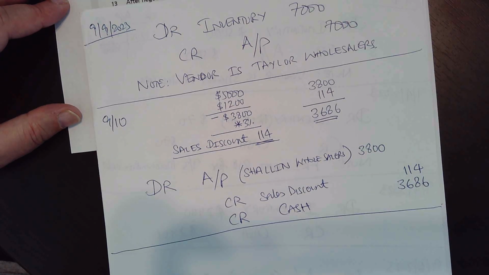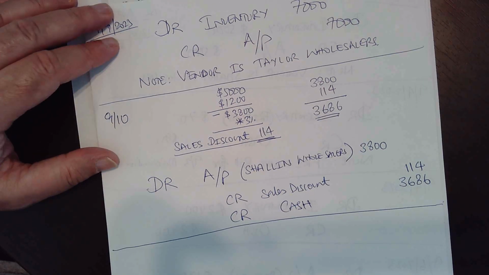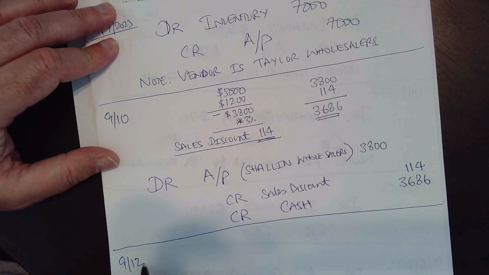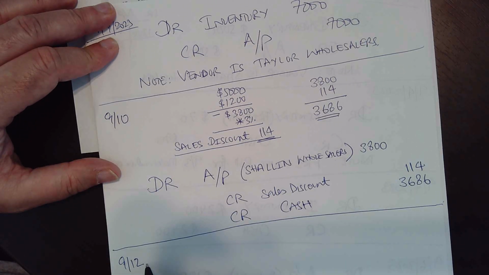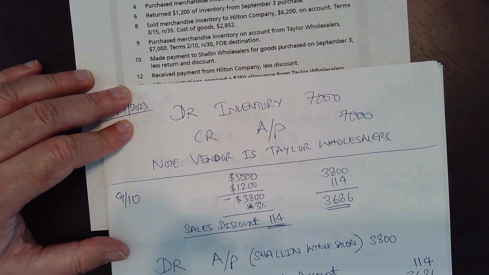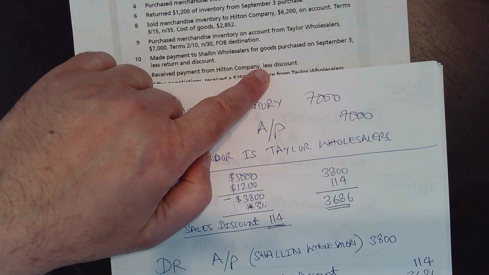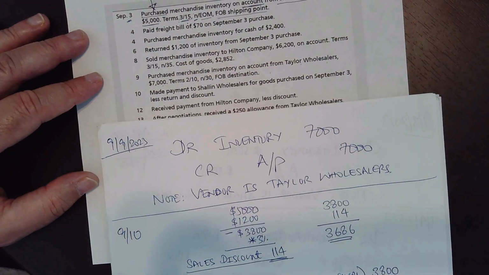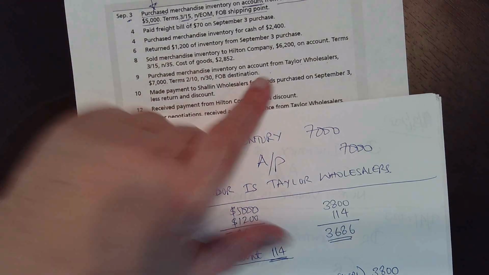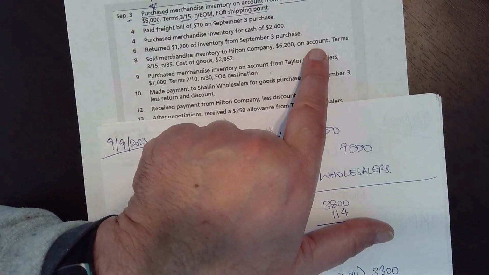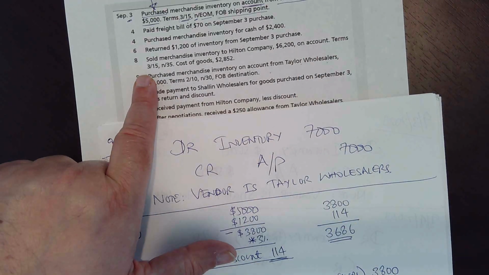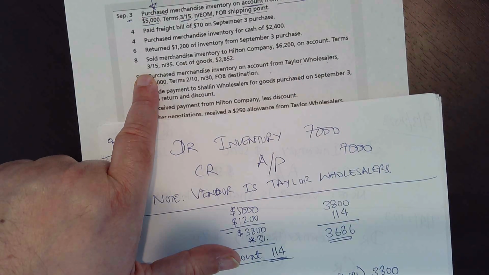Now we're going to make an entry on September 12, 2023. What we're doing here, we have received payment from Hilton Company less discount. Now you notice that we have sold merchandise to Hilton Company for $6,200 on account, terms 3/15, which means if they pay us within 15 days, we will give them a 3% discount.